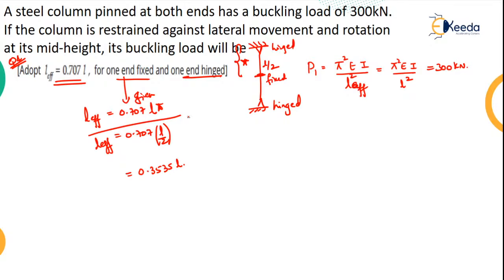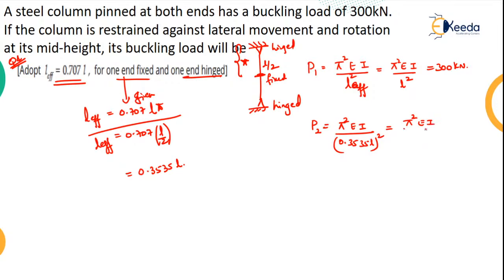So how much will this value be equal to? If you go on calculating, now be very careful. In the first case I assumed both ends hinged and did this. Now, because we have fixed it at the center, this will be pi square EI by L effective, now 0.3535 L whole square. On simplification, what will this become?